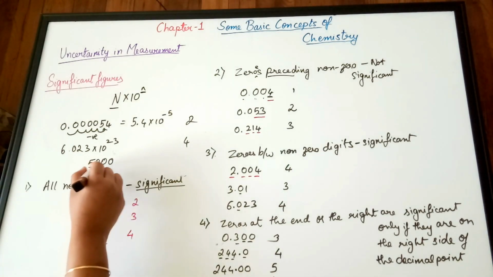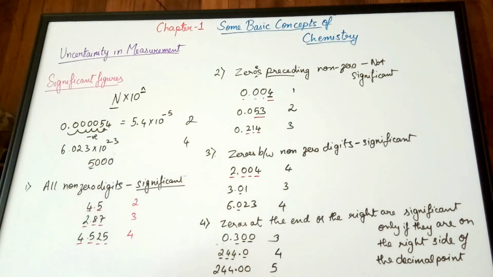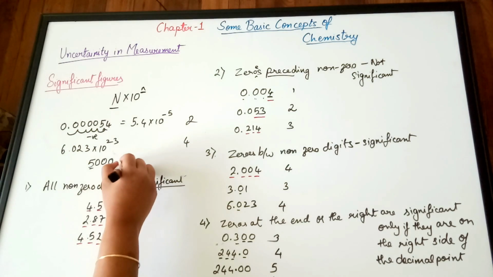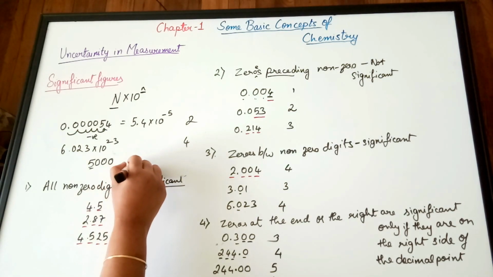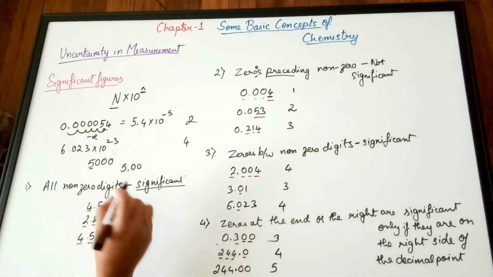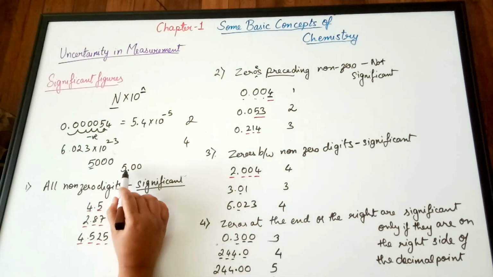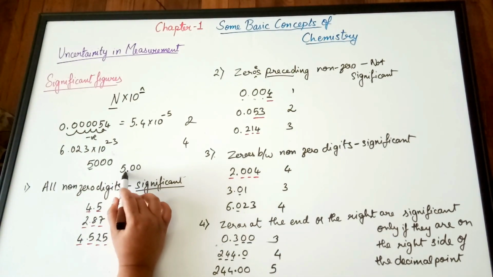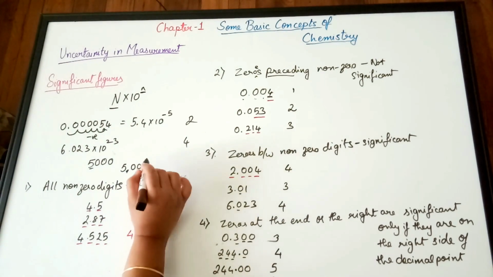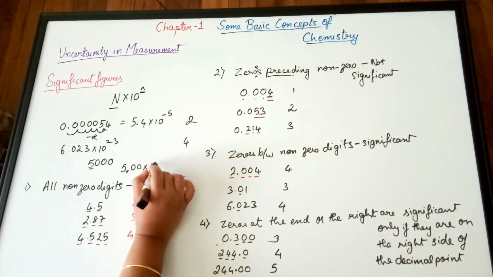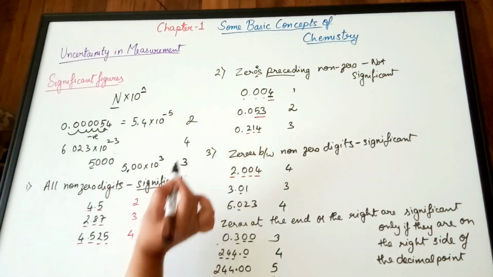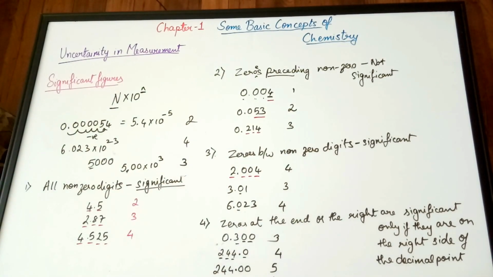Instead of this, which has one significant figure, we'll be writing it as 5.00. After the decimal point, the zeros are counted and they are significant. So 5.00 into 10 to the power 3. So this has 3 significant figures.